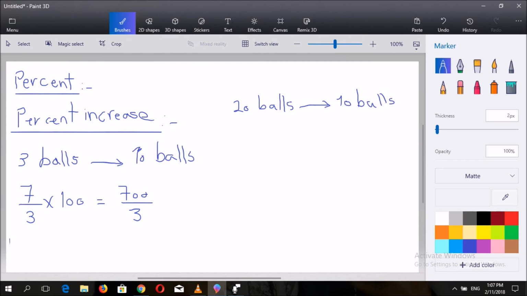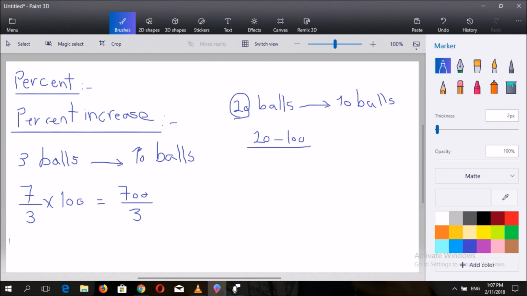So if I want you to calculate the value of 15% of the number 30, how can we calculate this number according to this definition?